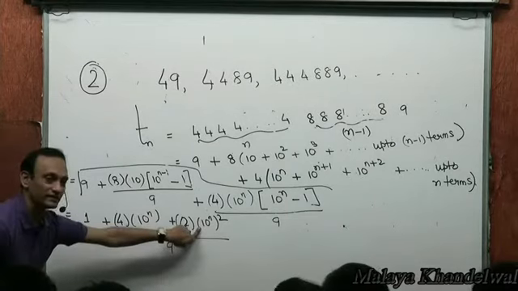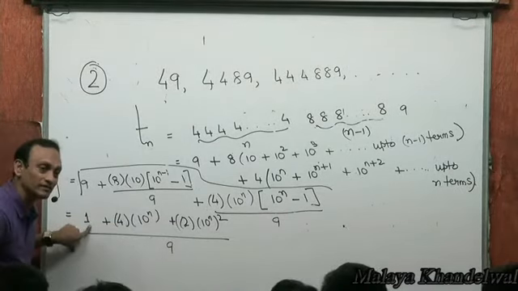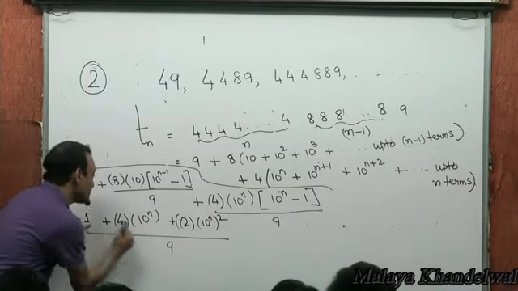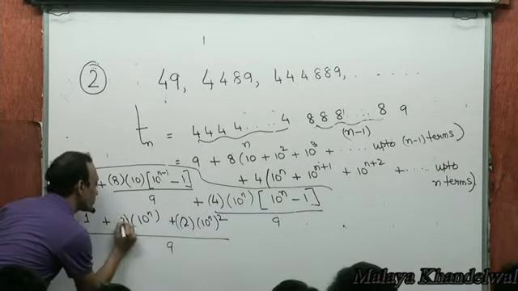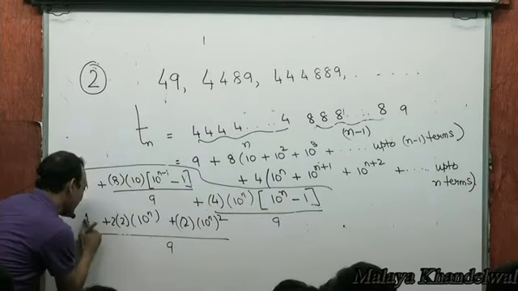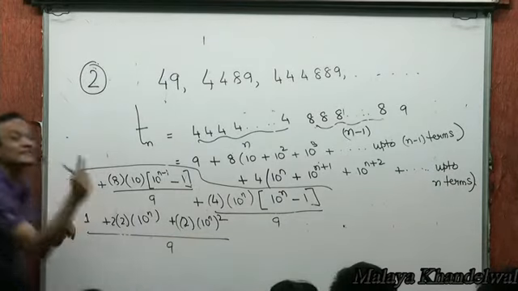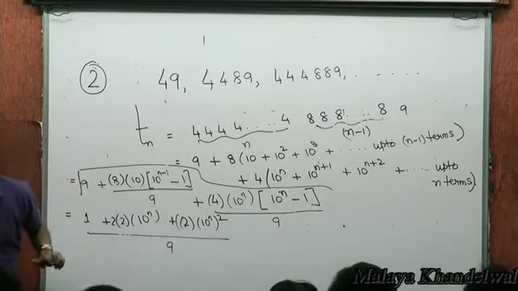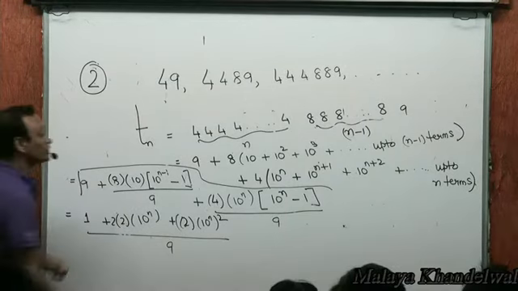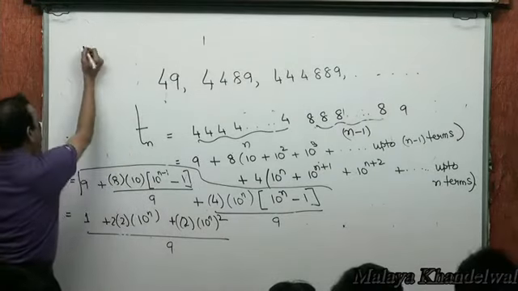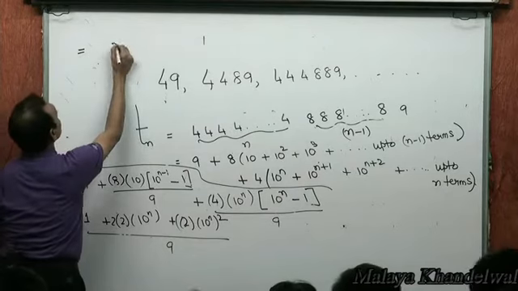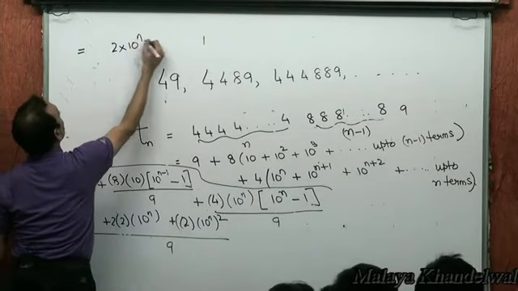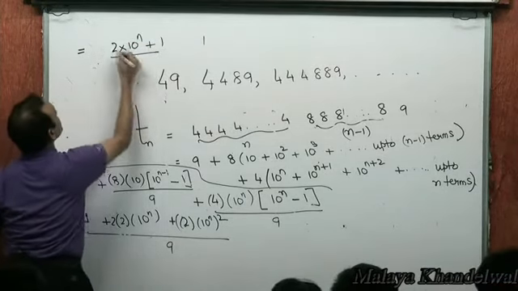A square plus B square plus twice A into B is A plus B whole squared. Yes or no? You know what I'm saying? This would then become 2 into 10 to power n plus 1 by 3 whole squared.